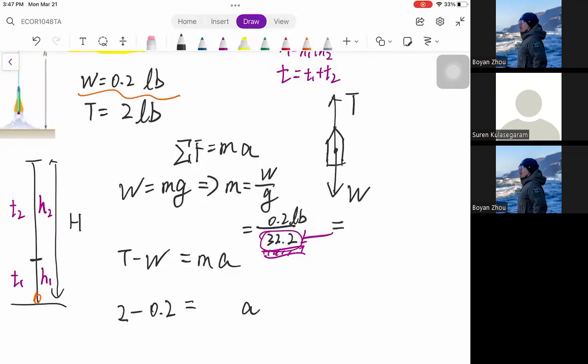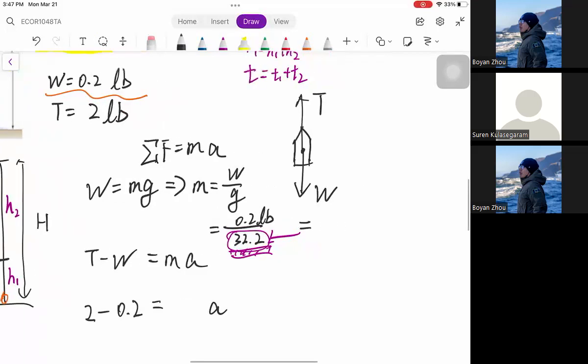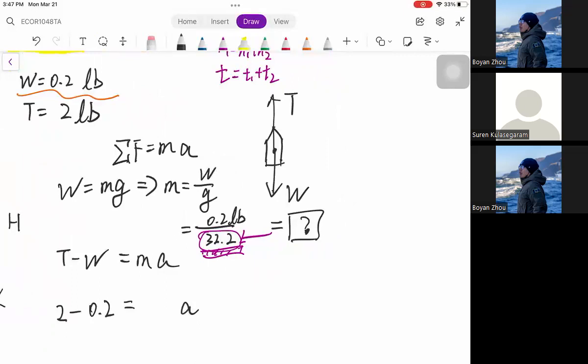Okay, so 0.2 over 32.2. I don't have a calculator now, so it's just a number. The point is that the mass unit in the empirical unit system is the slug. When you're using a formula that has a mass and you're working with empirical units, you always want to use slug as the mass, otherwise it's going to be incorrect.